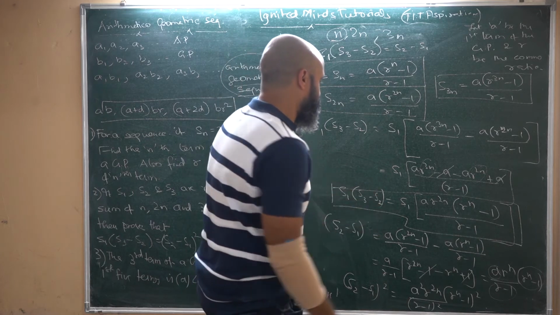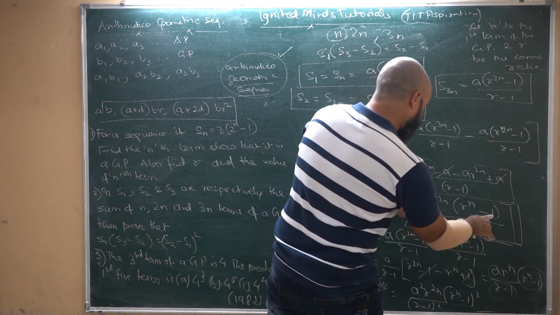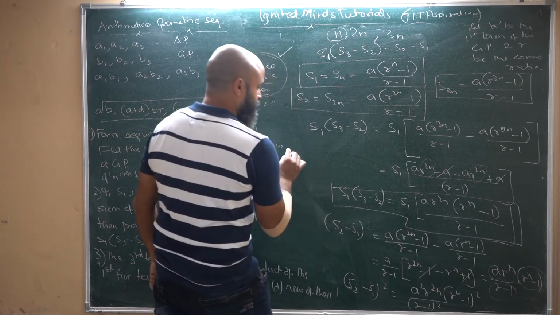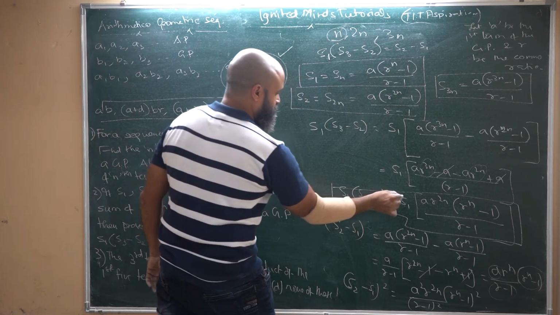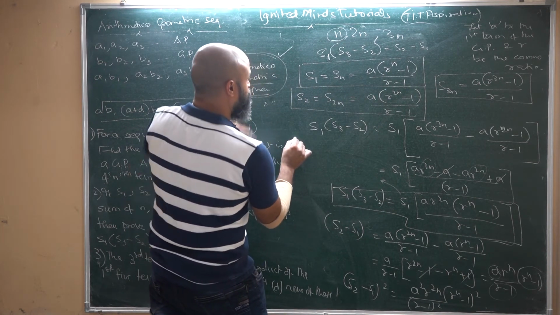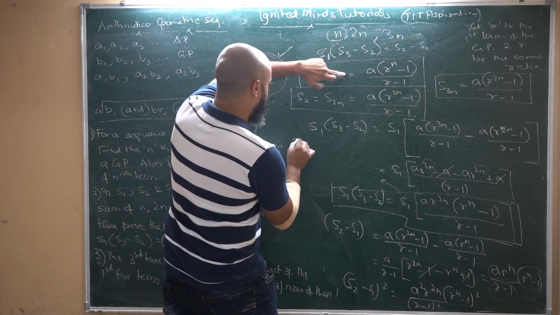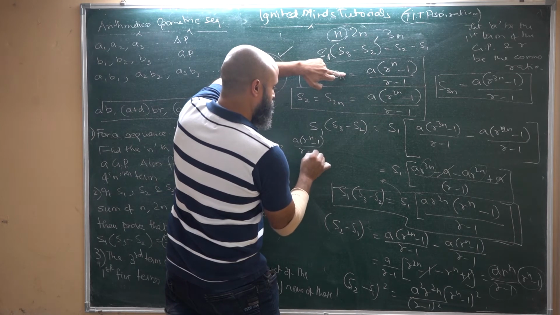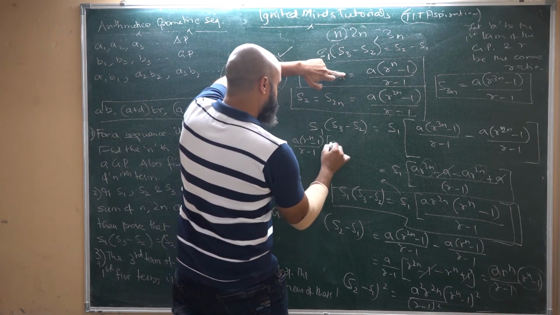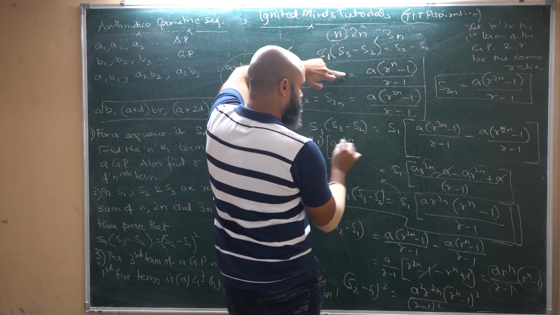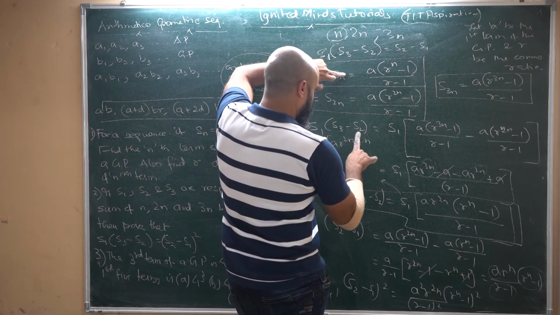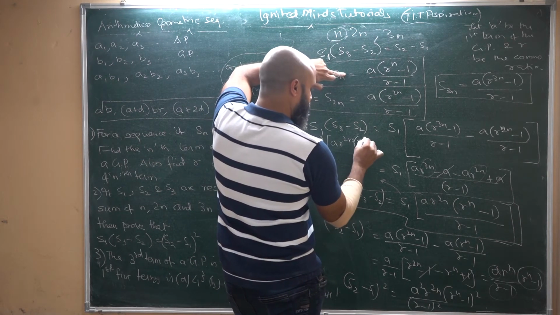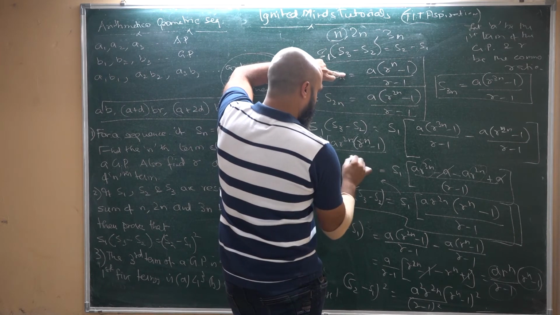So if we look into this, A R^2n (R^n minus 1) by R minus 1, if you multiply this by S1, S1 is A (R^n minus 1) by R minus 1, into A R^2n (R^n minus 1) by R minus 1.